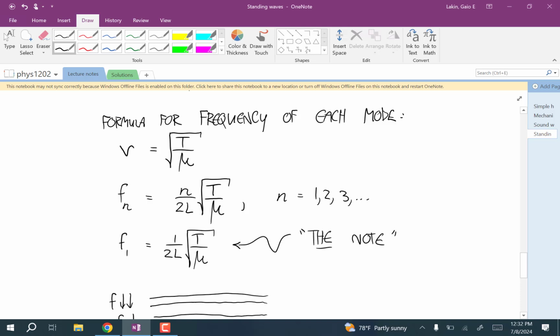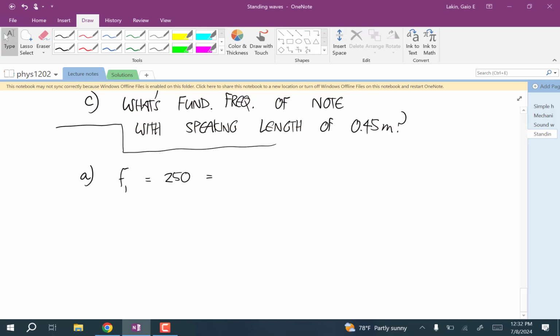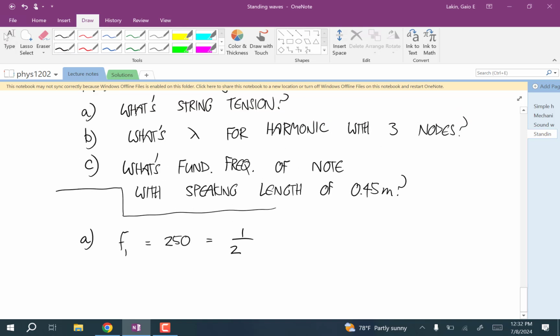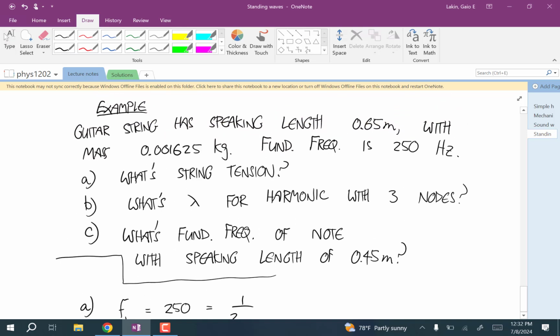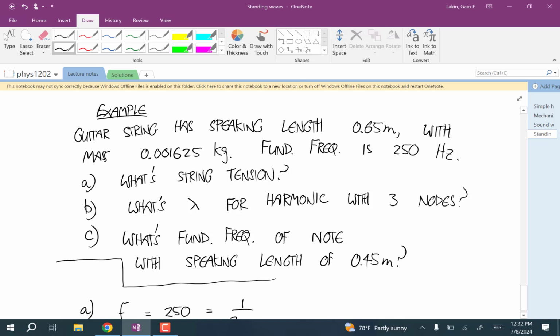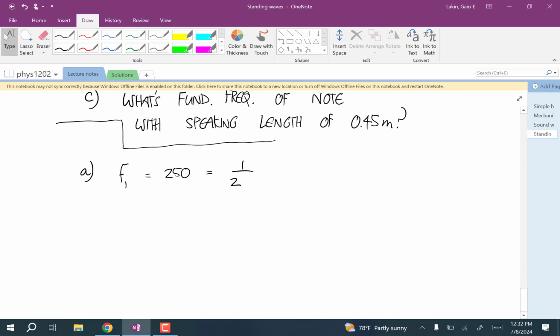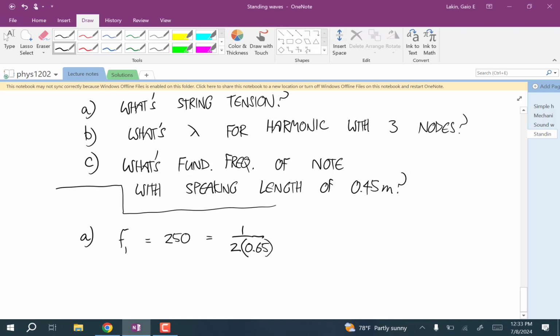The fundamental is with n equal to 1, and so we just have 1 over 2L. Now at first we're just talking about the string with its speaking length of 0.65 meters. So L is 0.65 meters. And then we're dividing by the square root of T over the mass per length. Well, let me set this aside for a second and calculate the mass per length.